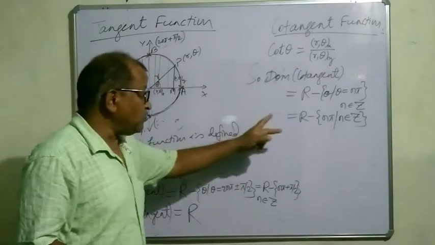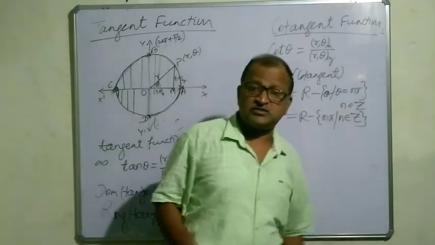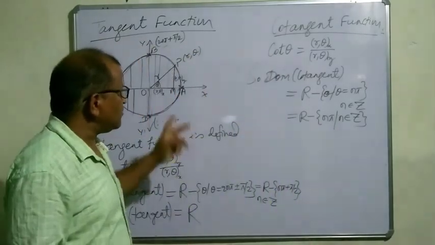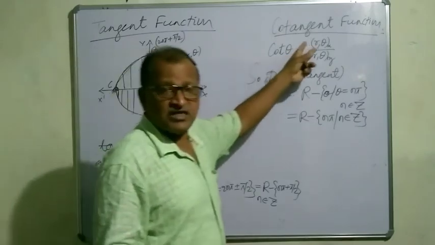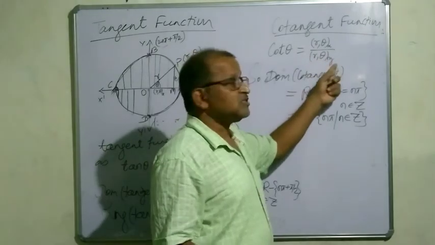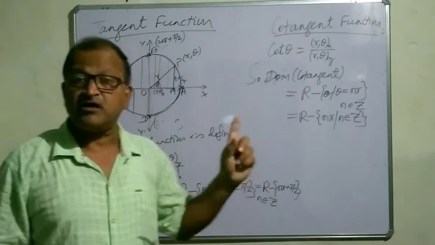Understand why we have taken this difference? Because at these points we cannot find the value of cot theta. Why? Because cot theta is defined as r theta x by r theta y, and at those points r theta y is 0. What is r theta y? It is the y coordinate of that point.